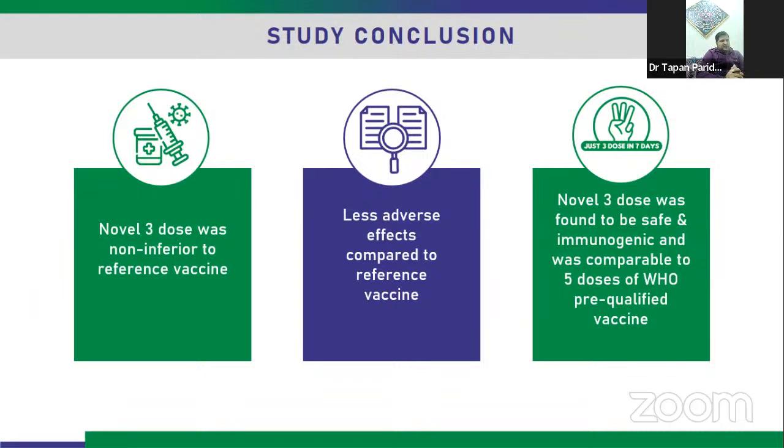The novel 3-dose vaccine was non-inferior to the reference vaccine, with fewer adverse effects compared to the reference vaccine, and just 3 doses in 7 days. You don't have to wait for 1 month, as with our earlier 5-dose regimen. Next.